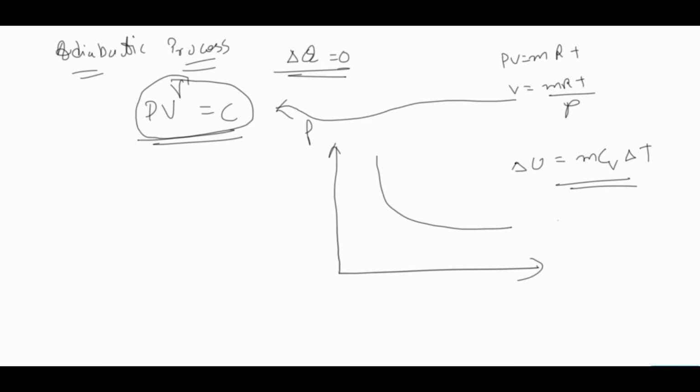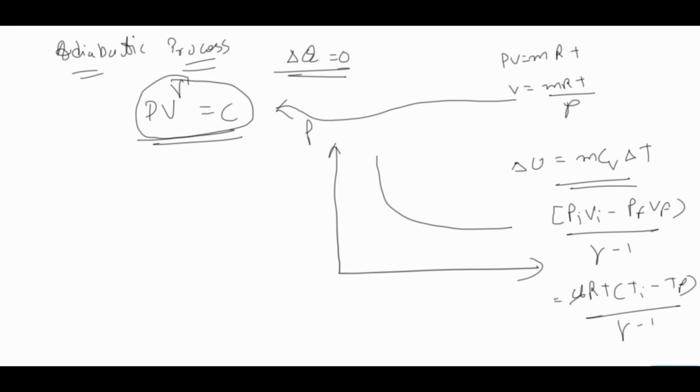Work done, guys, please do remember: PiVi minus PfVf upon gamma minus 1, or we can say that muR(Ti minus Tf) upon gamma minus 1. This becomes this using the ideal gas equation. So please remember this also.